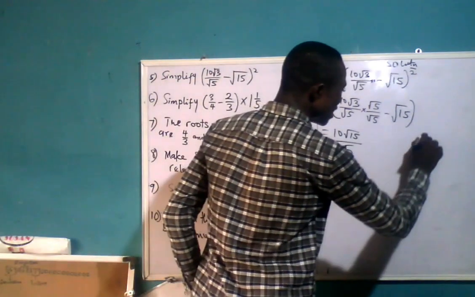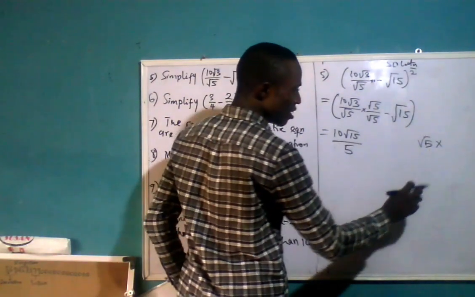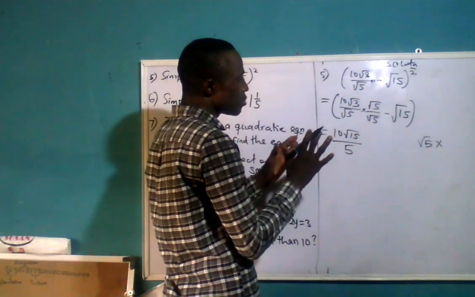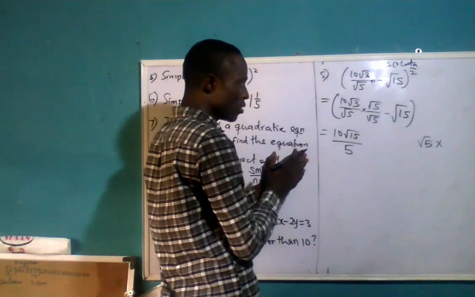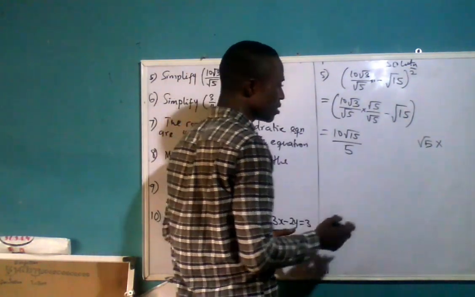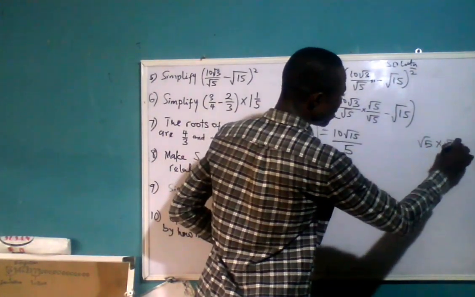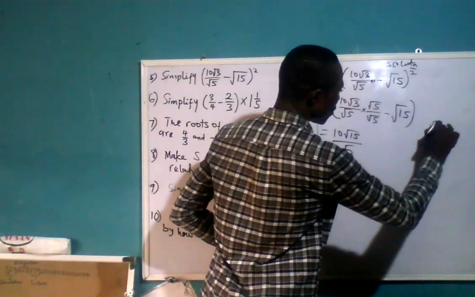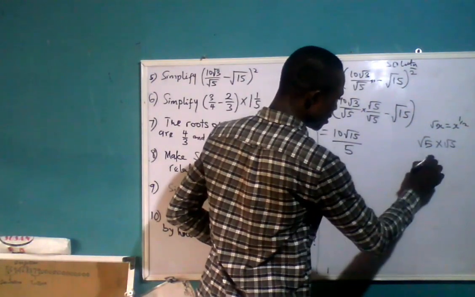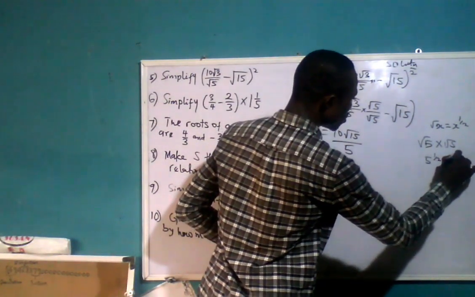Now, I'm trying to use every opportunity to explain this so that you can understand it. You don't need to cram anything, because it is not certain that this is the same question that they will bring. They will bring it in another way, but you just follow the same method, the same procedure in solving it. Okay? Now root 5 multiplied by root 5 is the same thing as, because root of x means x raised to power half, 5 raised to power half multiplied by 5 raised to power half.